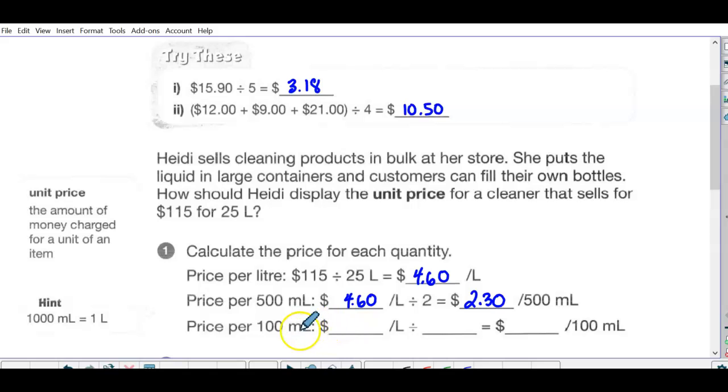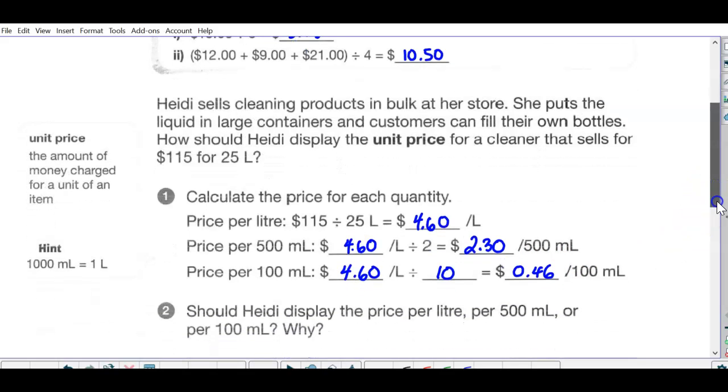Another thing here, for 100 milliliters, go back to the price for a liter, and 100 milliliters is 1/10 of that price. So really you're moving it 1 decimal to the left. So we're going to divide by 10, and then that's going to be 0.46, so 46 cents for 100 milliliters.